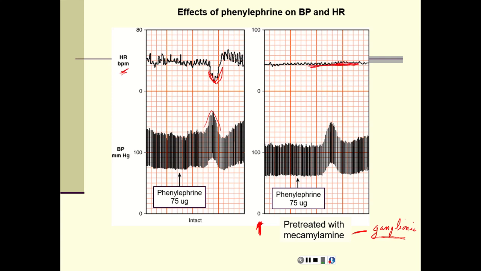So the conclusion was that this bradycardia that is occurring as a result of this vasoconstriction is a reflex response, because you can essentially sever or cut or block the pathway for reflex responses by blocking the autonomic ganglia with mecamylamine.